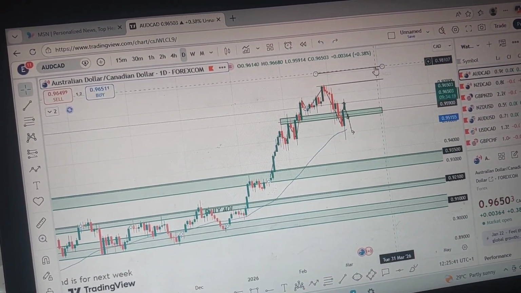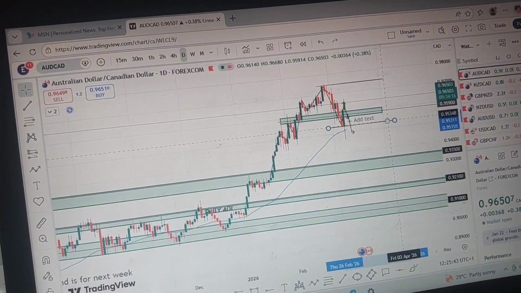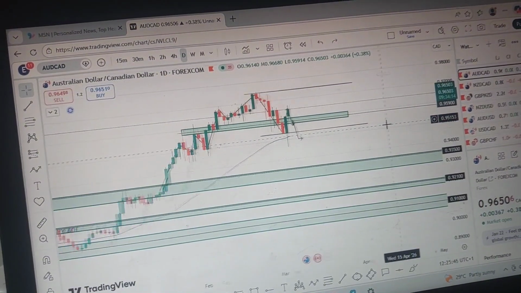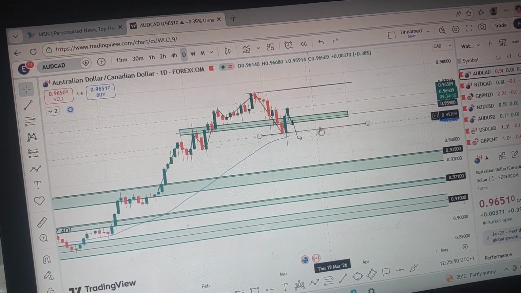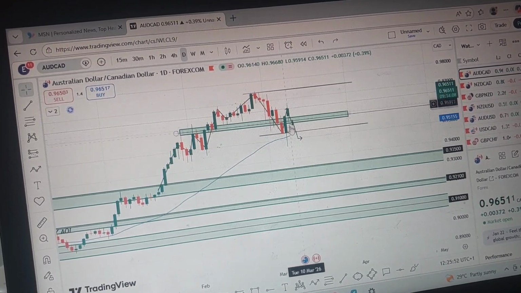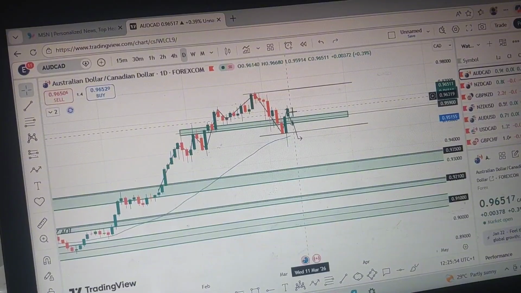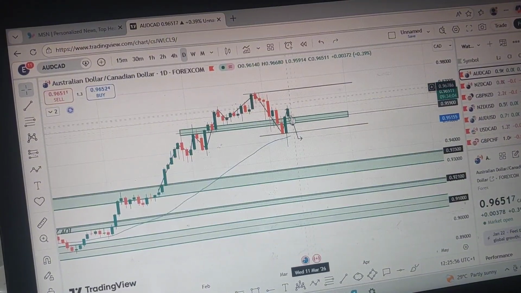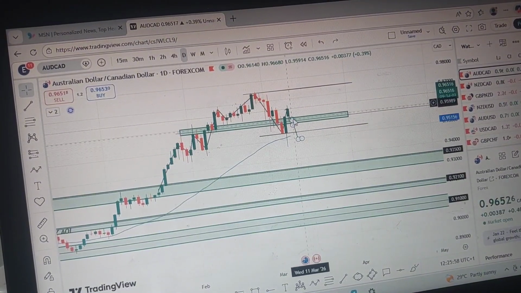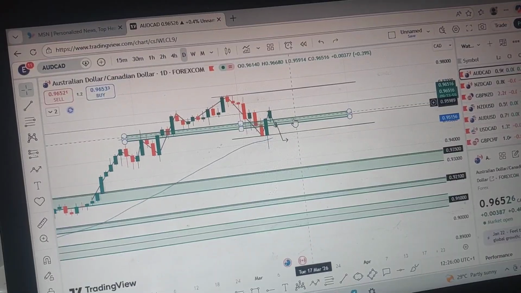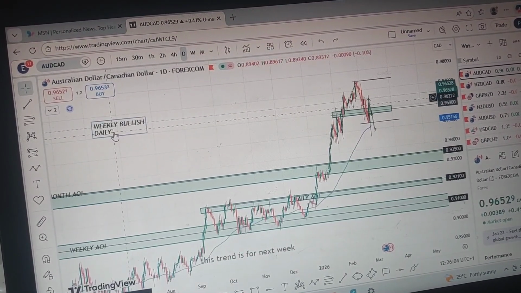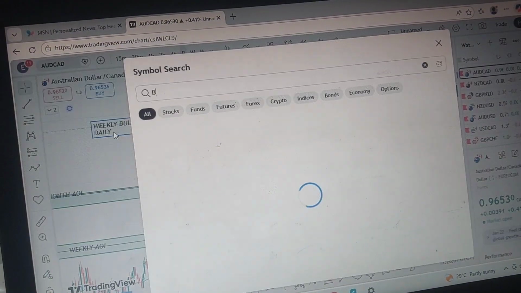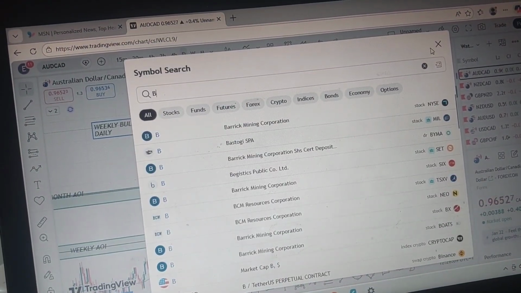Whatever the market does in between these two places is market structure. So we can see the daily is bearish. Write it down: daily bearish.